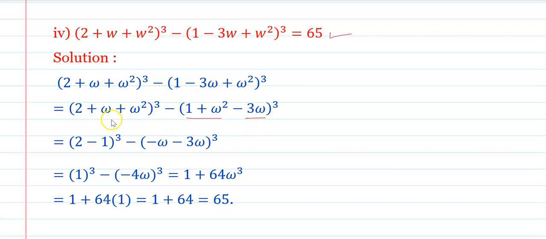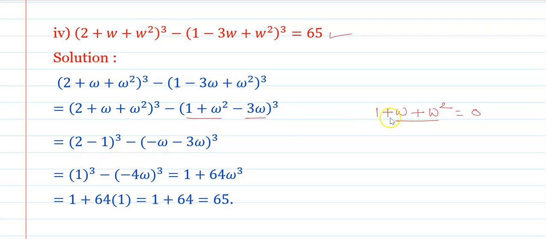Okay. Next, again we use this formula 1 + ω + ω² equals 0. What is the value of 1 + ω²? 1 + ω² is minus ω. 2 minus 1, bracket raised to 3. म्हणजे किती आला 1. 1 raised to 3.